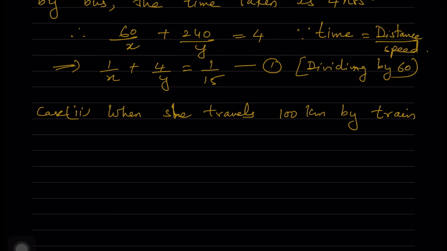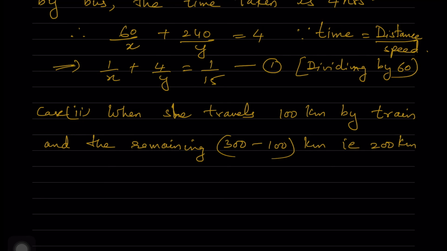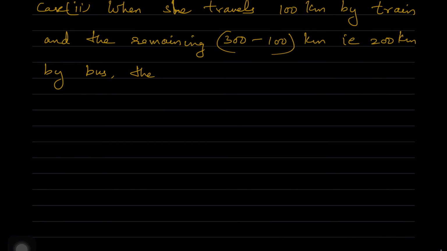Now when she travels 100 kilometers by train and the remaining 300 minus 100 kilometers, that is 200 kilometers by bus, the time taken is 4 hours 10 minutes. So she is taking 10 minutes longer than the previous one. That is 25 by 6 hours, 410 by 60 we take.